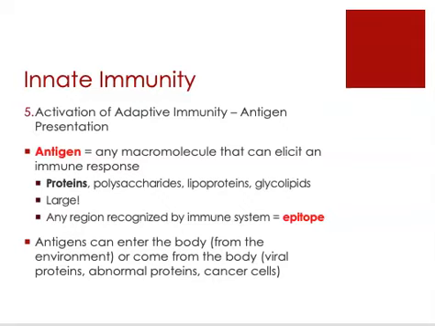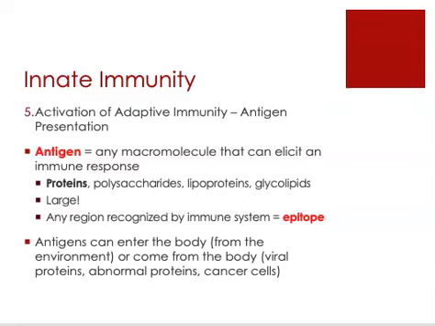And unfortunately, because the system sees them as foreign, the system goes about destroying them. And that's why you develop disease processes like lupus, like rheumatoid arthritis, hemolytic anemias, and so on.